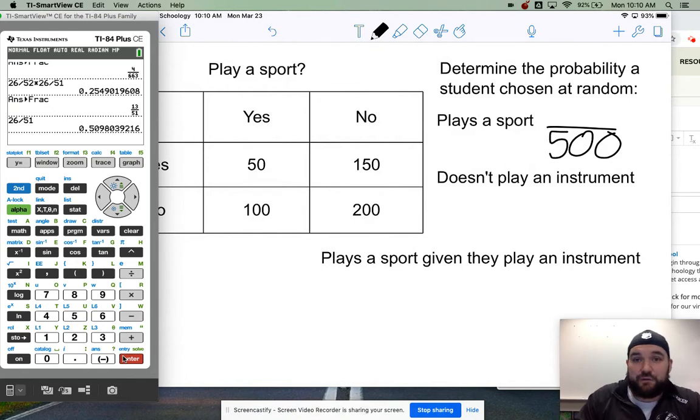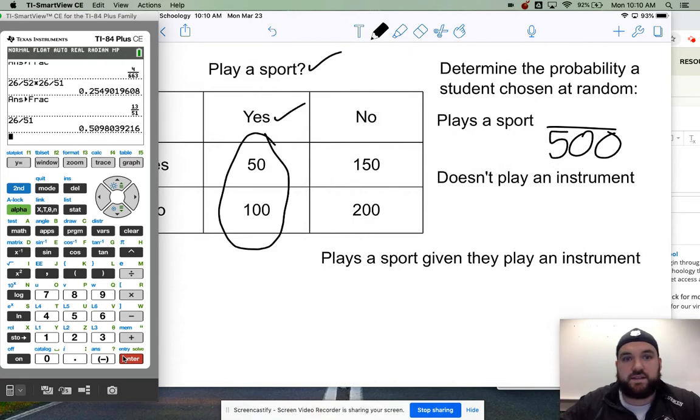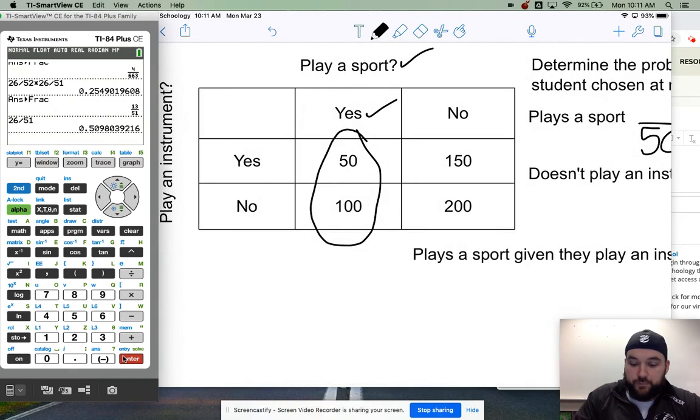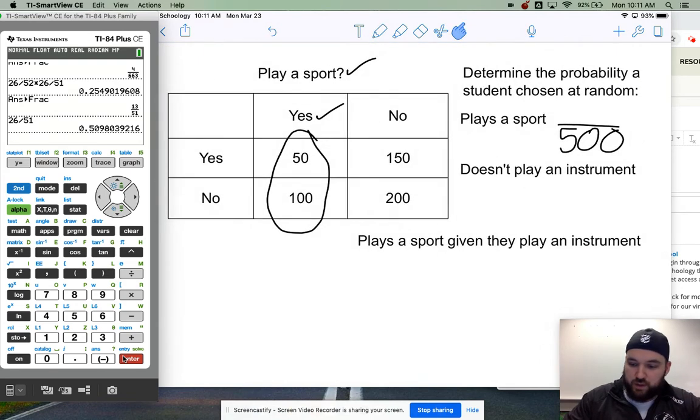And it's not 50. My numerator is not going to be 50, because if I look at plays a sport, both of these sets of people said yes to playing a sport. 50 of them play both a sport and an instrument, and then 100 play a sport but not an instrument. So this would be 150 out of 500.